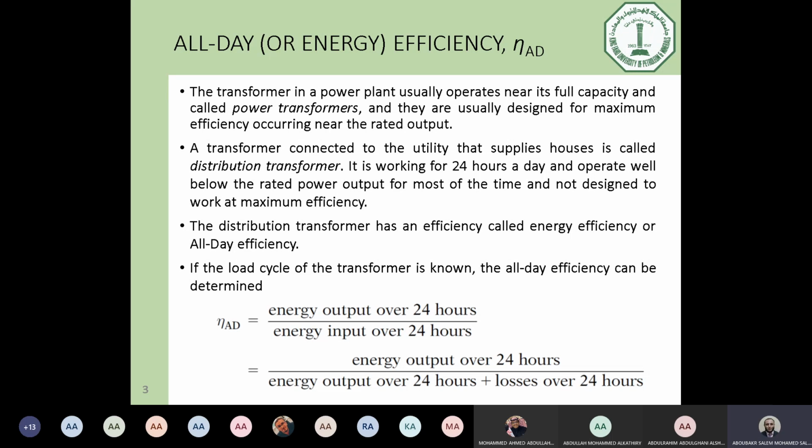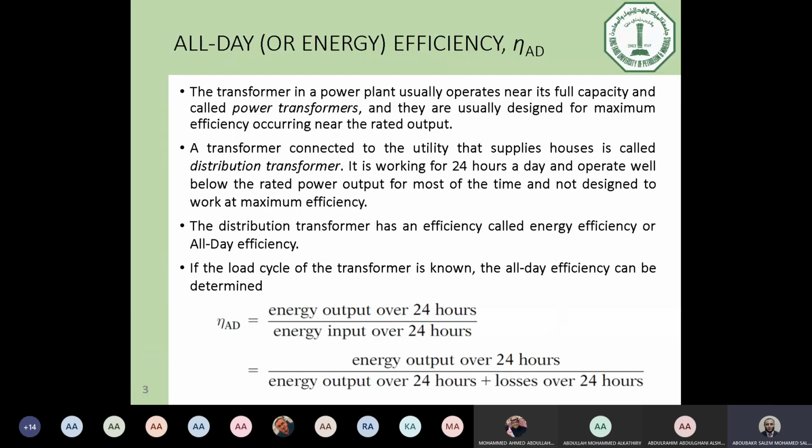It's nothing but the energy consumption during a day. So the efficiency is the energy output consumed within 24 hours over the energy input over 24 hours, which is nothing but the energy output plus losses over the 24 hours.